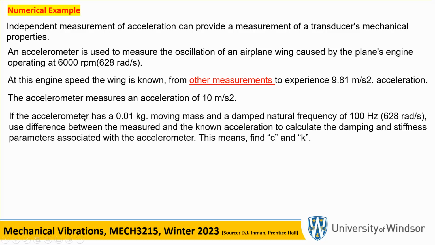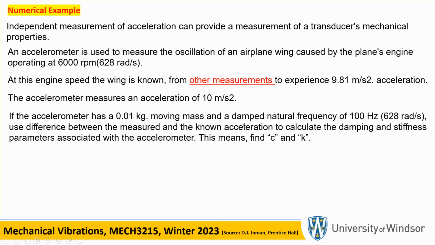Now, some facts about the particular accelerometer we are interested in: we know it has a mass of 100 gram, and we know it has a damped natural frequency of 100 hertz.